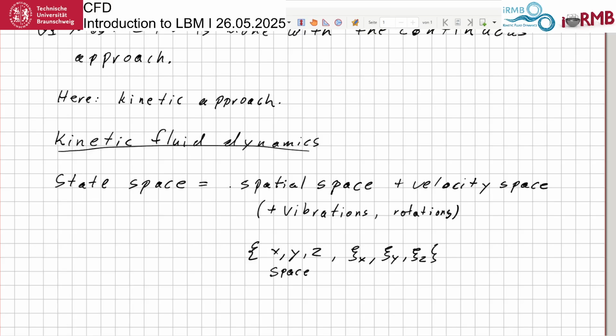So this is the velocity. It's always important to distinguish this, because this is the velocity of the molecule, which is not the velocity of the fluid. So it's not the continuous velocity field, but the velocity of a single molecule.